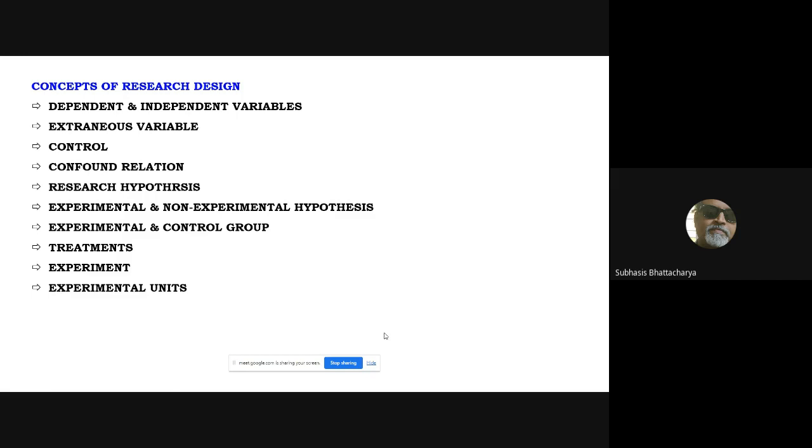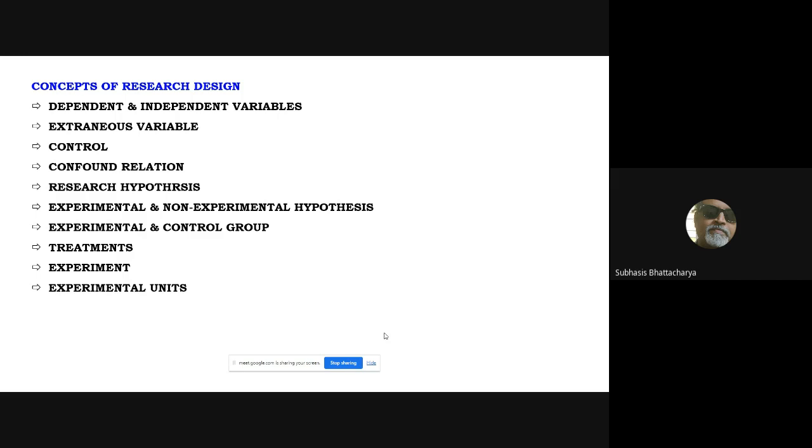Before describing the different types of research design, let me explain the various concepts related to research design. The first one is the identification of dependent and independent variables. A variable is a concept which can take on different quantitative values.